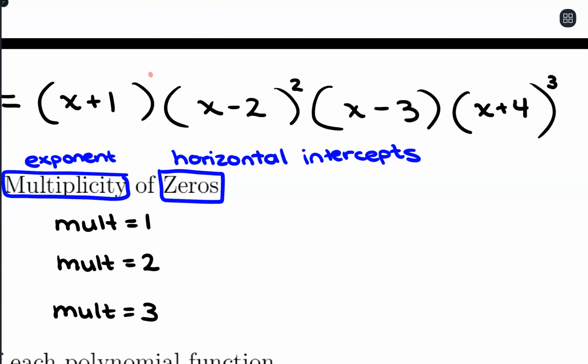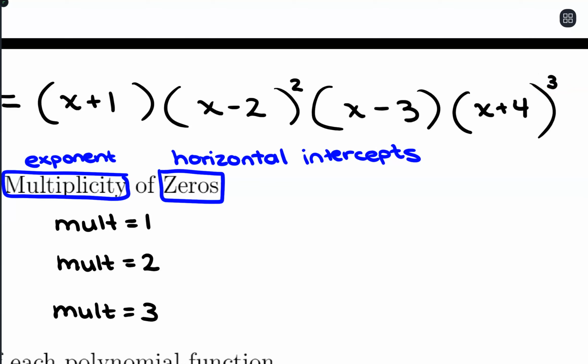The x + 1 has a multiplicity of 1 because that exponent is 1. x - 2 squared has an exponent of 2, so that would be a multiplicity of 2. x - 3 has a multiplicity of 1 because there's just an exponent of 1 on that set of parentheses. And x + 4 cubed has a multiplicity of 3 because of that exponent of 3.